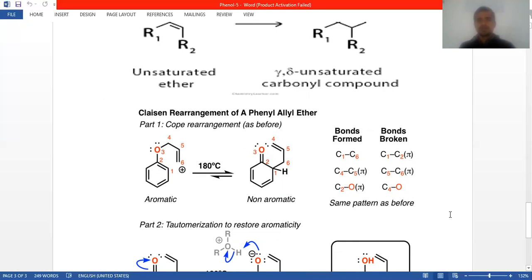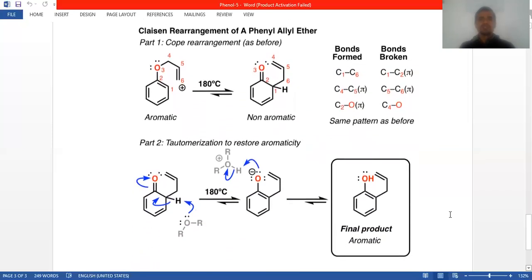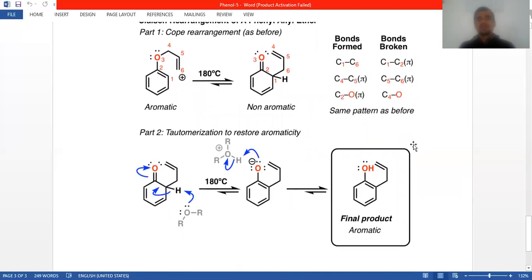So depending upon the rearrangement, the type of rearrangement takes place. Then tautomerization to restore aromaticity: by using the tautomerization, these structures exhibit their aromatic nature.